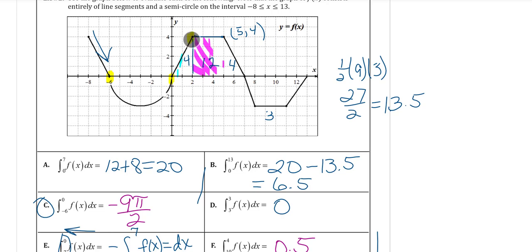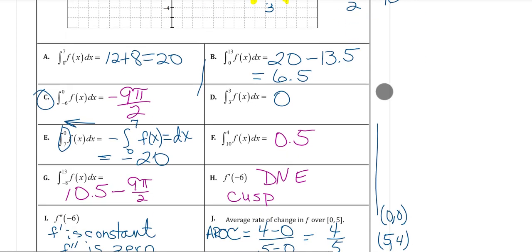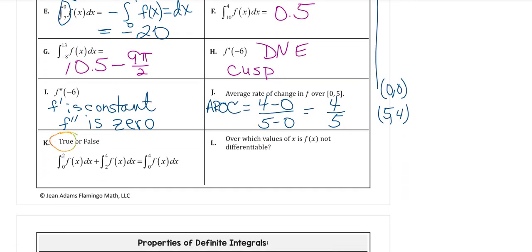We have a hard corner there at 5, at 7, at 8, and at 11. So there's a lot of points on our graph where f is not differentiable. So let's go ahead and write those all down again. So we have x equals -6, 0, 2, 5, 7, 8, and 11.